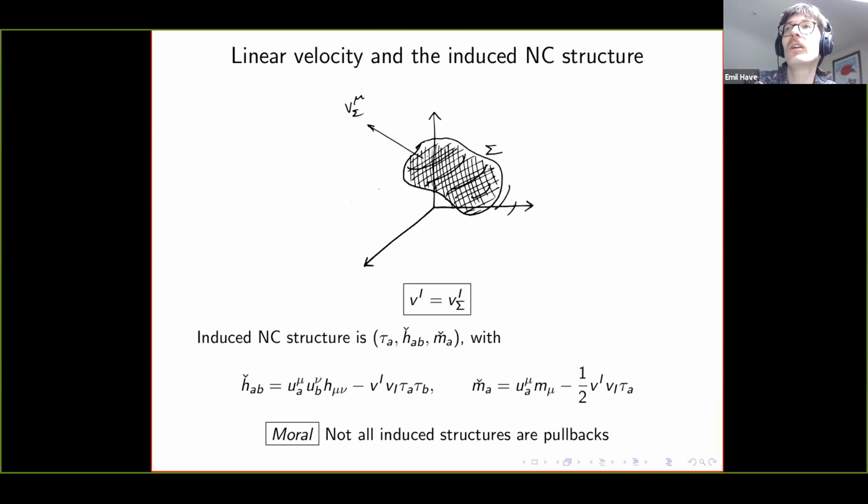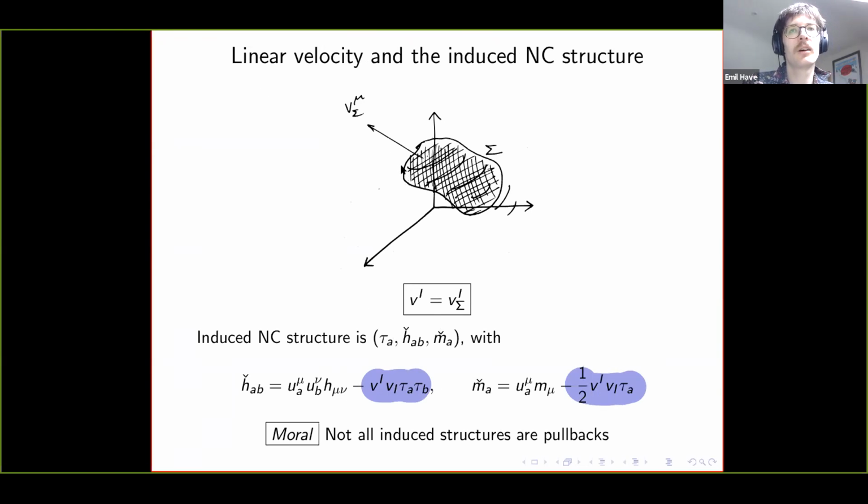So you see here that the novelty consists in the fact that the normal projection of this inverse time-like field lines, which is sometimes known as the Newton-Cartan velocity, appears and spoils the relation that the induced structure is identical to the pullback. So from a mathematical perspective, that is sort of interesting.